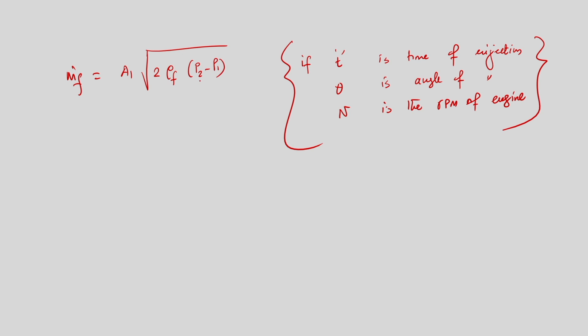If this is the case, then we can write that 360 degrees of crank angle rotation is equal to 1 revolution.